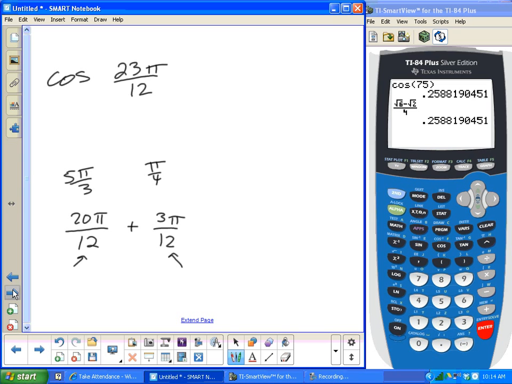So anybody got any other suggestions on making this easier? Y'all figure it out. You'd have to think of all your angles on your unit circle in 12ths. What's an easier way? Well, yeah, you could do that.